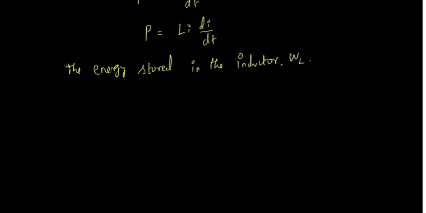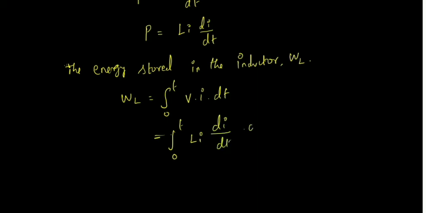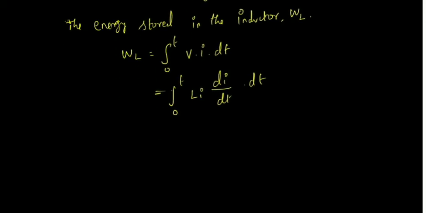W stands for energy and L stands for inductor. WL is an integral of power from the beginning time to the end time, so time is 0 to t, and VI is nothing but power. We are integrating with respect to time. Li di by dt is power, and dt and dt get cancelled.